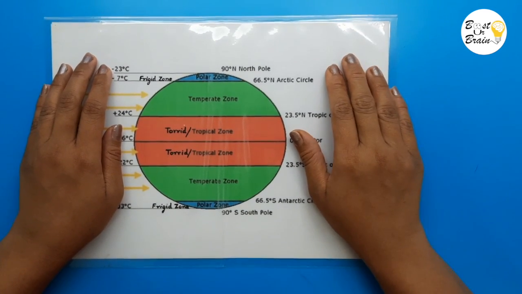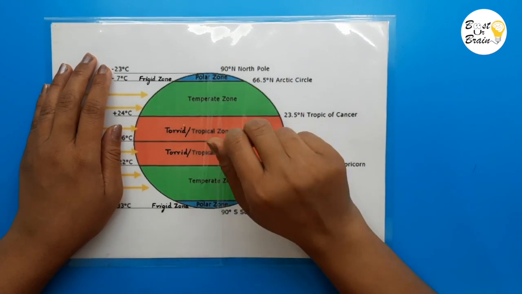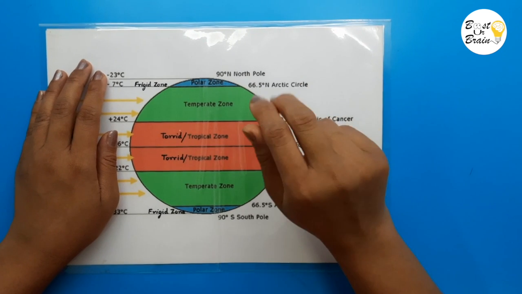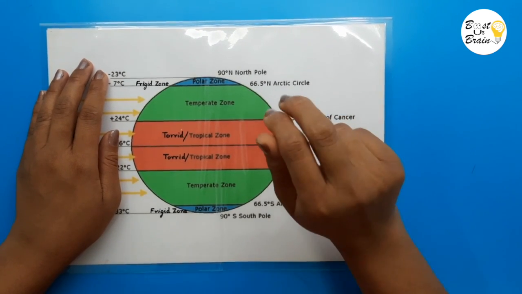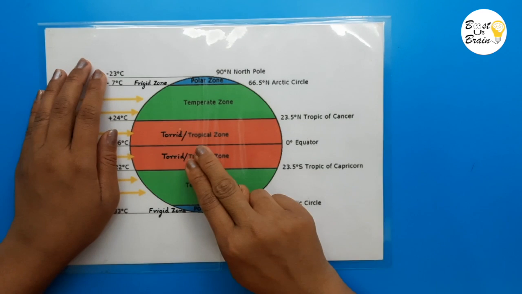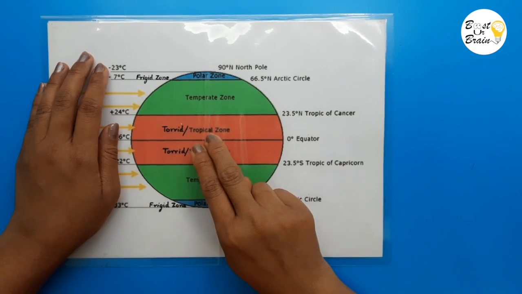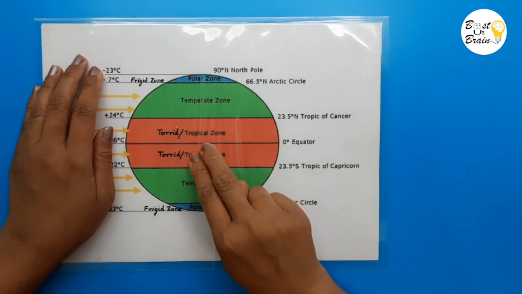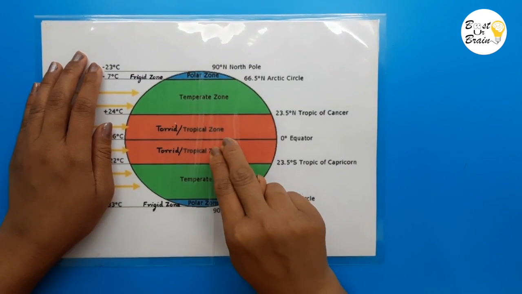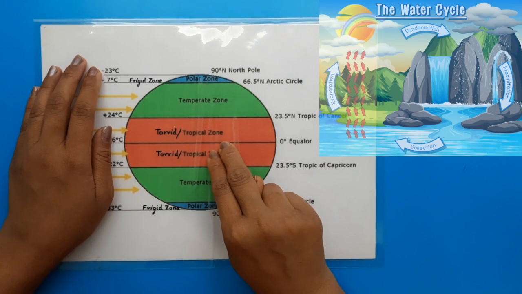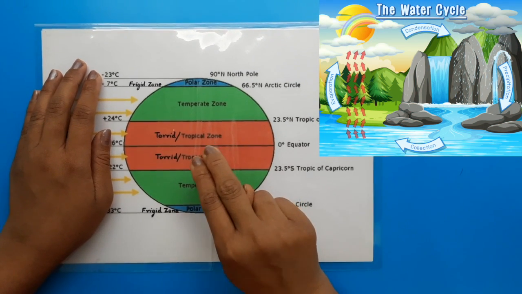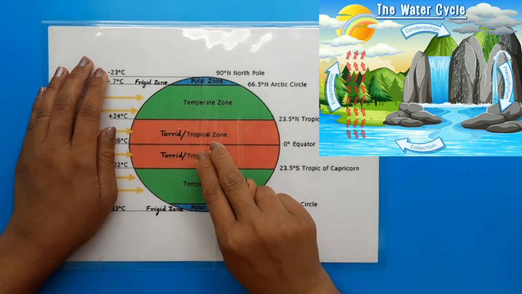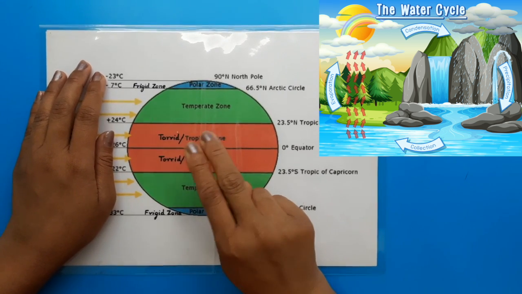The fourth factor is humidity. Humidity is the amount of water vapor in the air. It affects the climate of a place. The air above the equator is loaded with water vapor. This is because the high temperature near the equator causes a higher amount of evaporation of water from the Earth's surface, which causes heavy rain in the area.